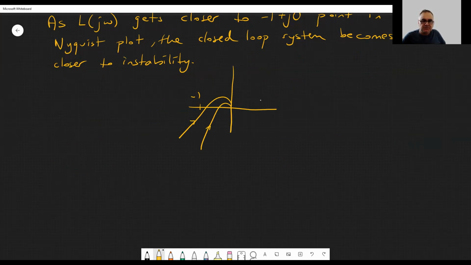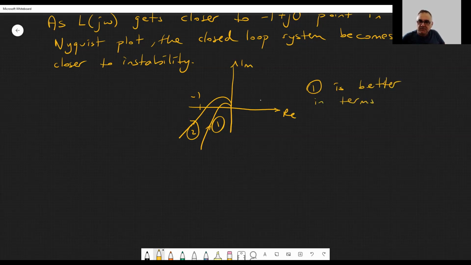But the first one has better stability than the second one, because it's far away from this minus 1 point. This is real, this is imaginary. Better, let's say, in terms of stability.